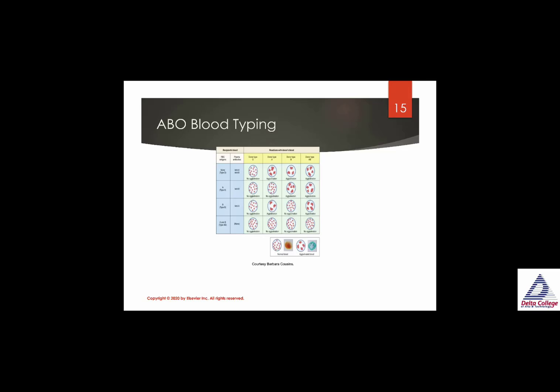Now, this is before we start talking about the Rh factor. If you've ever seen or heard of blood as A positive, A negative, B positive, B negative, the negative and positive part is the Rh factor.